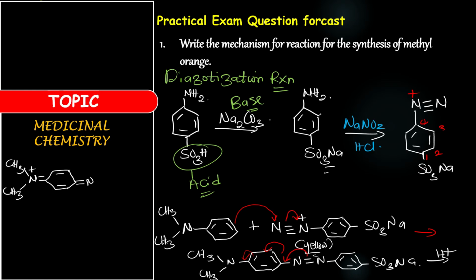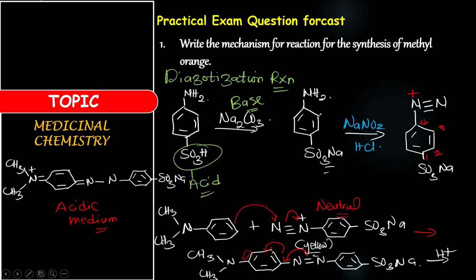Here will also be double bond, N, and then this will be red color. So this is the form of methyl orange in acidic medium. So this form here in acidic medium will be red, while this form here in neutral or basic medium is yellow.